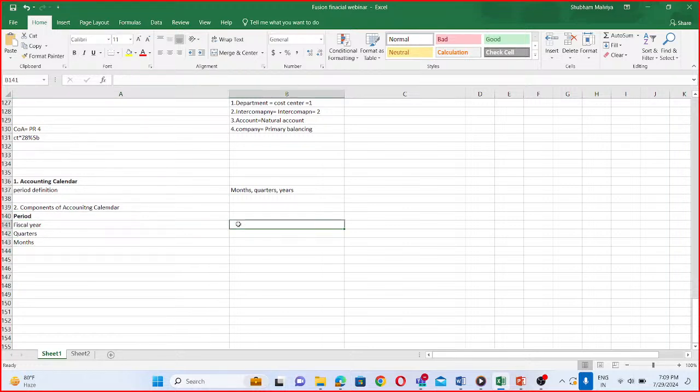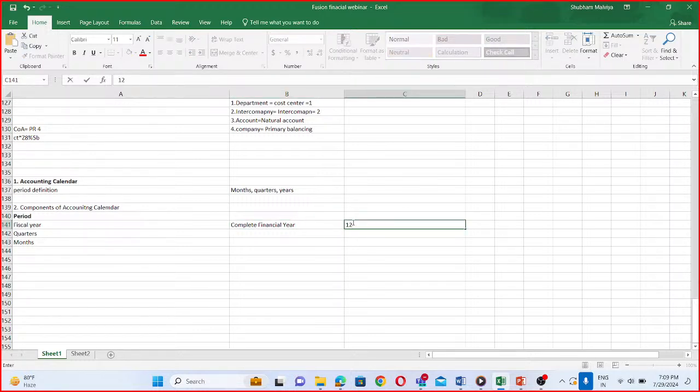In the fiscal year, we have the complete financial year. I hope you understand that a complete financial year means a 12-month period defined by the organization. So it is a complete financial period, or we can say a 12-month period.